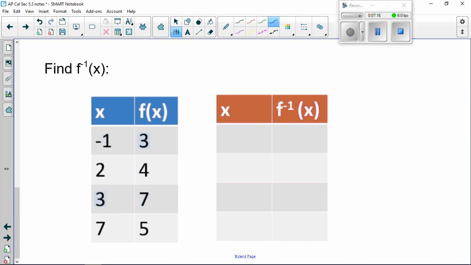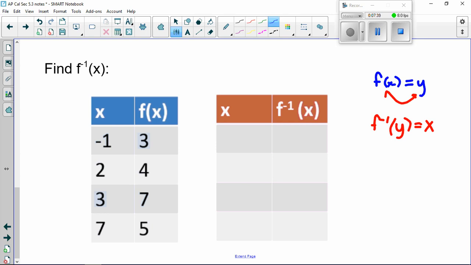Well, remember, f of x is going to be equal to our y values, and to get an inverse, we switch. So that means f inverse of x, you put in the y's, you get out the x's from before. So in order to make the inverse table, it switches.